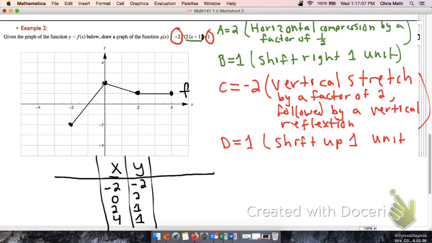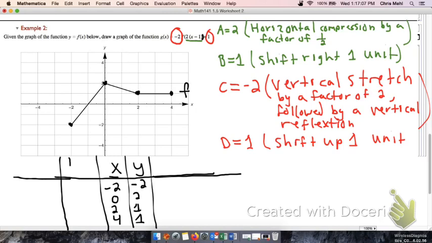Okay. Now, what I'm going to do is work my way left and work my way right. So when I'm working to the left, I'm going to be performing operations on the x coordinate, and I'll show you how I label this. I'm going to add a new column to the left. And remember, if you look up to the right, a was 2. That's a horizontal compression by a factor of 1/2.